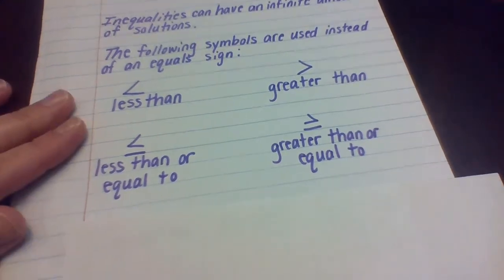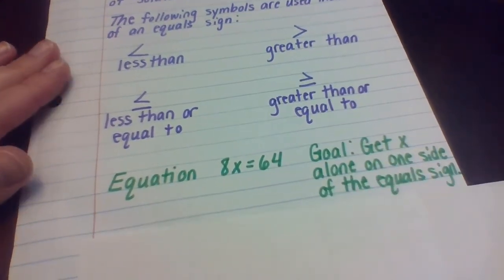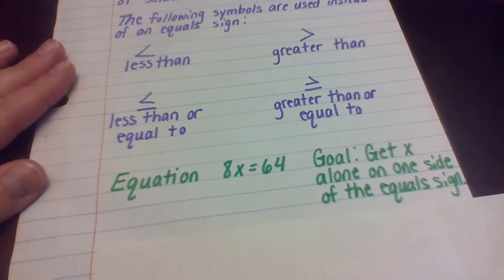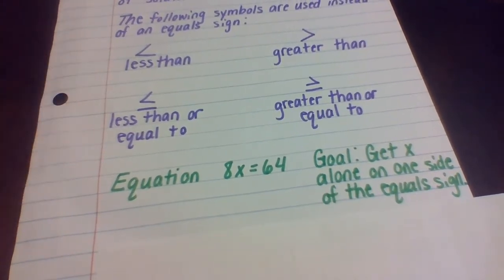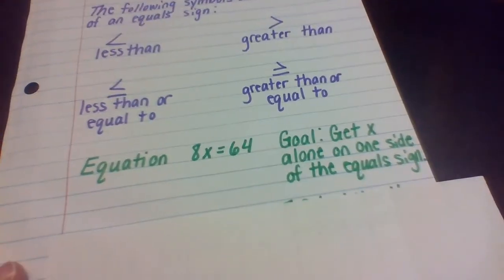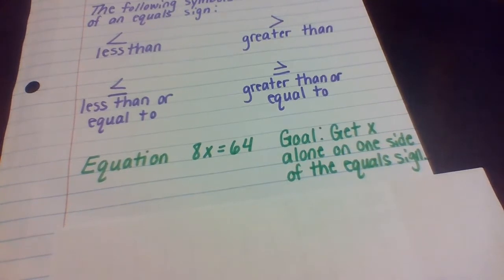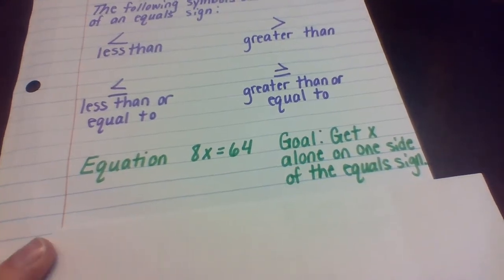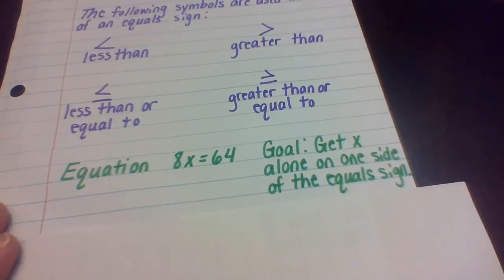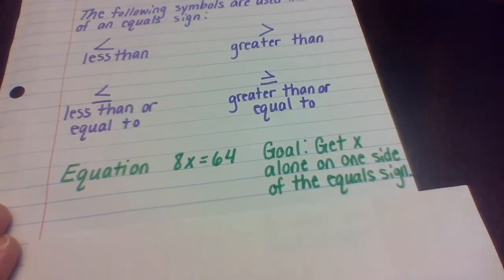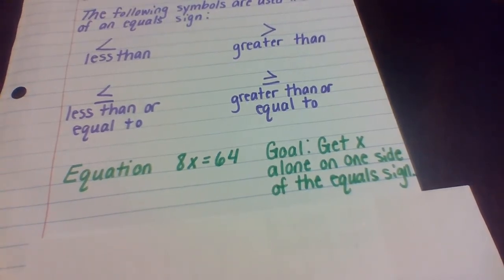Okay, so we're going to take a look at an example here of an equation, and then I'll show you how that's similar to an inequality. So for an equation, I have 8x equals 64. Now the goal is to get x alone on one side of the equal sign. That means we have to find out what x equals.